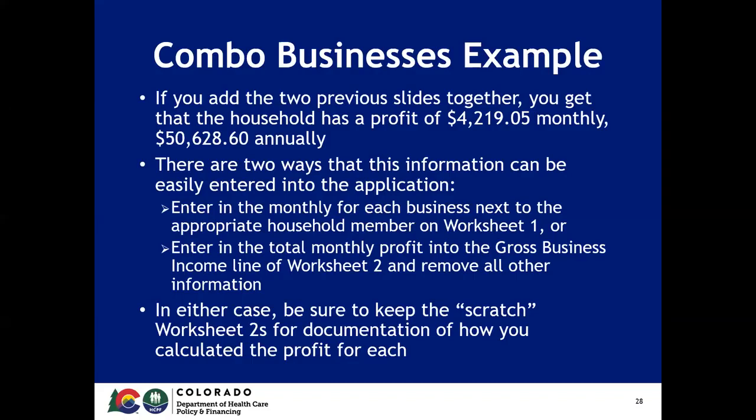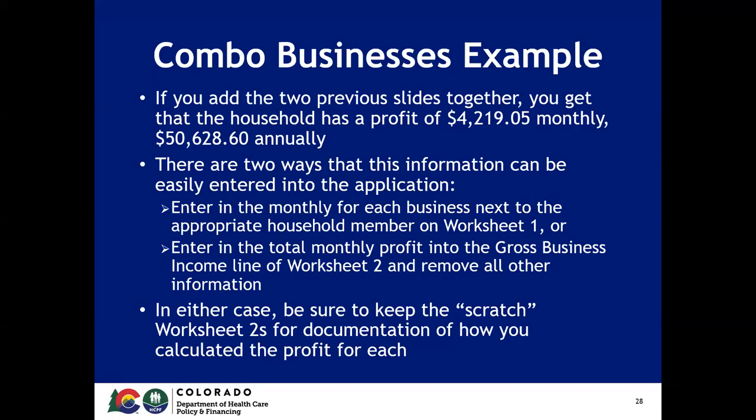And you could put this information into the application a couple different ways. You can enter in the monthly for each business next to the appropriate household member on worksheet 1, like you would with their employment income. Or you could enter in the total monthly profit into the gross business income line of worksheet 2 and just remove everything else so that it just counts the income.